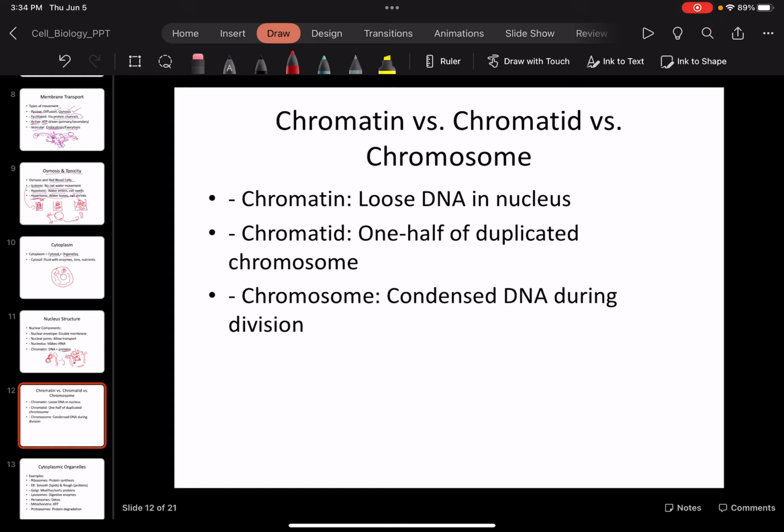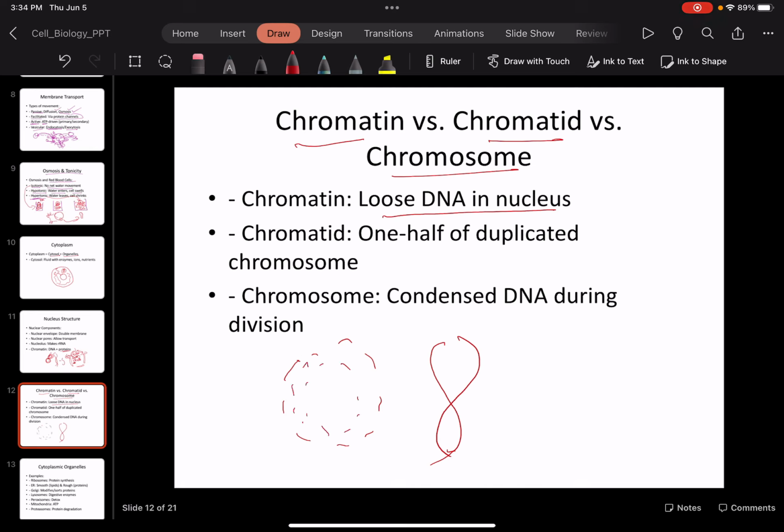So we have a few things students confuse: chromatin, chromatid and chromosome. They are all DNA, everything is DNA in the nucleus, in different forms and at different times. Chromatin is the loose DNA in the nucleus, not coiled around protein.